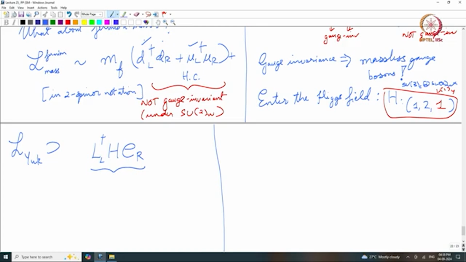This is going to be a row matrix, this is going to be a column matrix, right. Or in other words, this is in the anti-fundamental representation. So L dagger will be a 2 bar under SU2, H will be a 2 under SU2 and they cancel each other basically, okay. And finally the hypercharge.